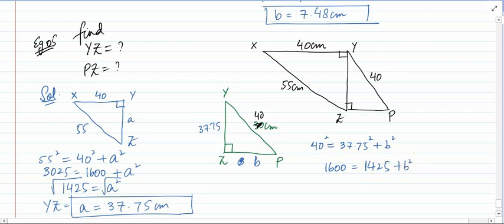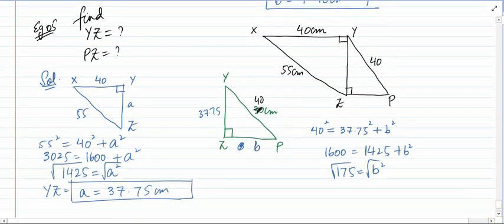So 1600 minus 1425 gives you 175. At last you need to take a root on both sides, so it will be 13.23. That is the value of PZ, right?